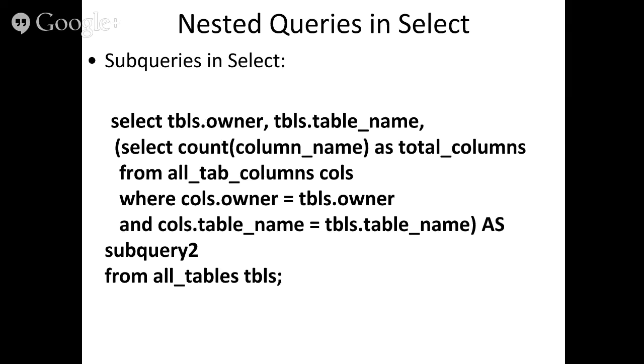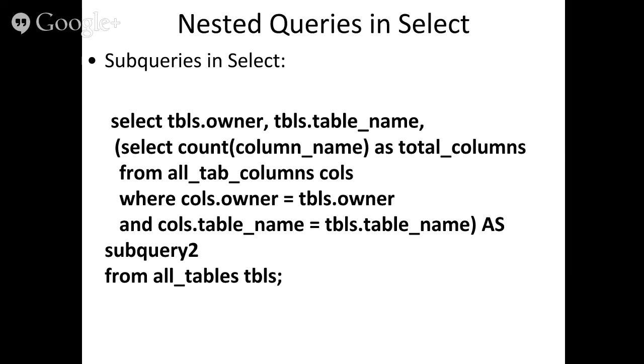As I am iterating, I'm going to return only those fields. I'm returning only the owner and only the table name, plus I am generating another field, subquery 2. So I'm returning 3 fields.